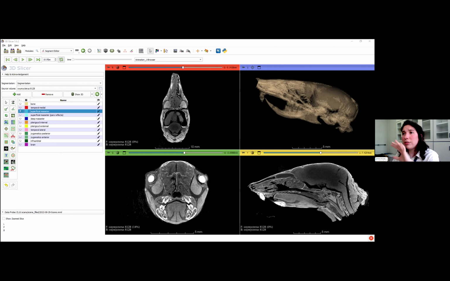here on the far left of the screen that can help this process of segmentation by, for example, highlighting the parts of the tomography that have higher density, like bones.